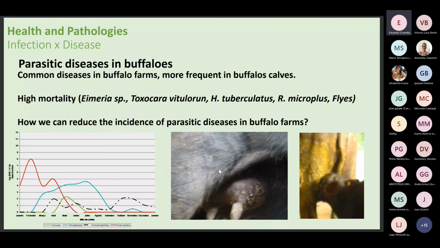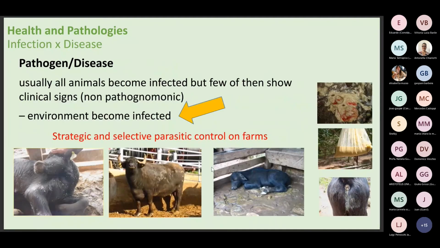So please move to the other. So I have some images of buffalo with Rhipicephalus microplus tick and Haematopinus tuberculatus. This is an image from Italy. In the other image, the young calf with chronic eimeriosis. We can see also the diarrhea, the blood in the feces, and the animals with clinical symptoms.